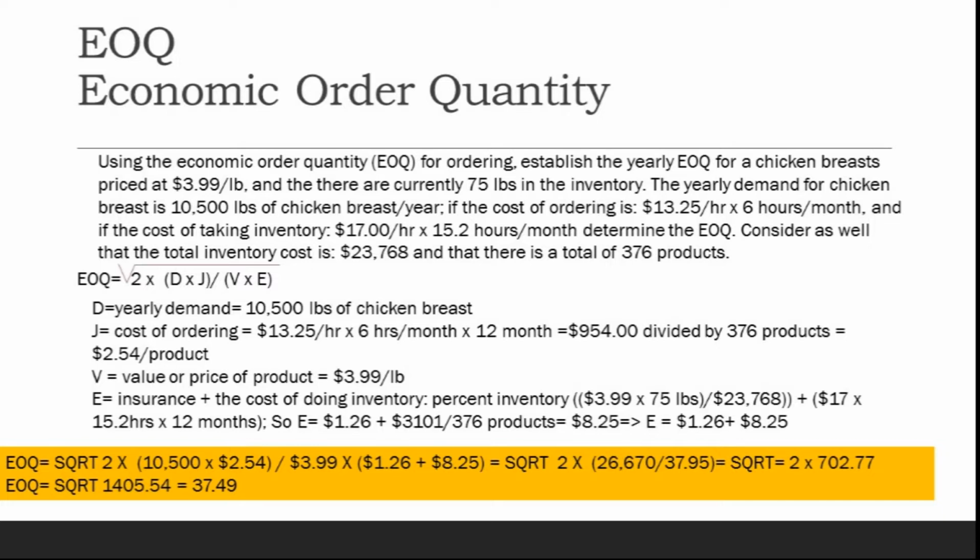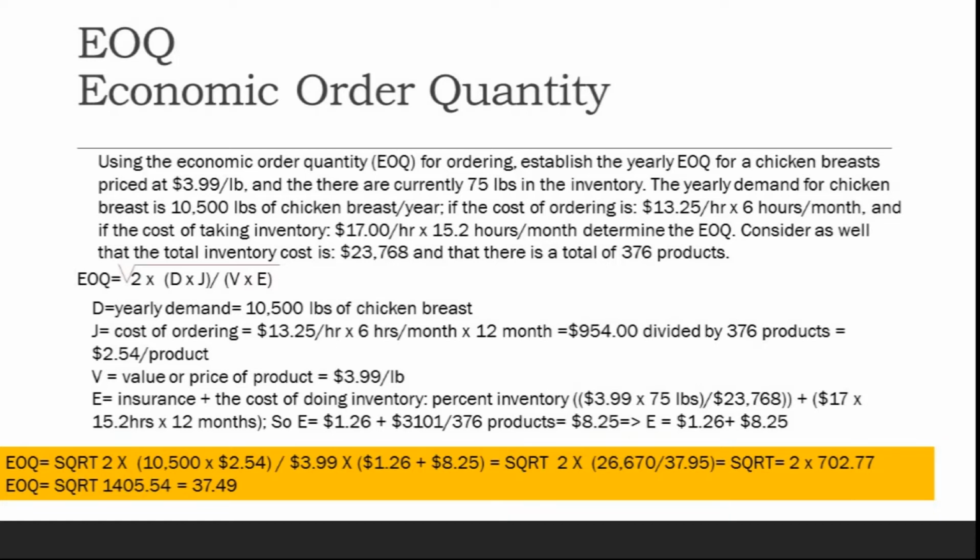So now this works out to be the square root of 2 times, and then we've got it in parentheses. The numerator becomes one value, 26,670, and the denominator, which we identified as basically E times V, is equal to 37.95. So this equals the square root of 2 times 702.77.